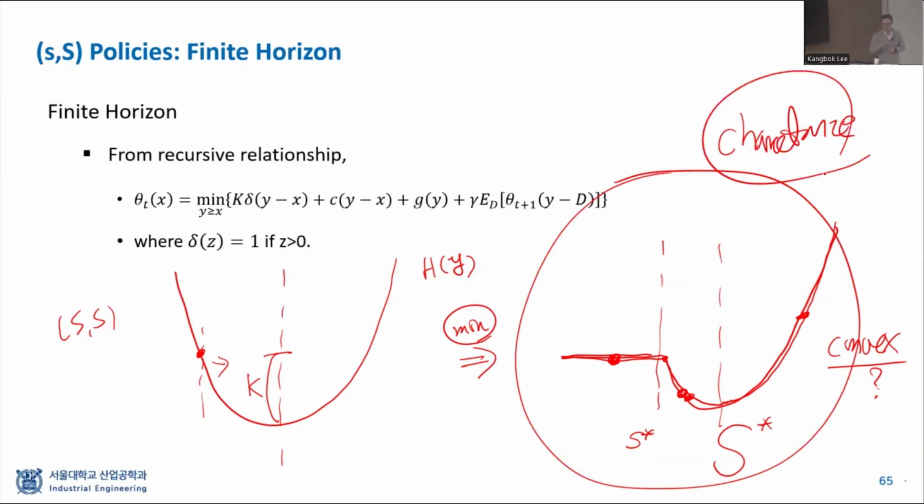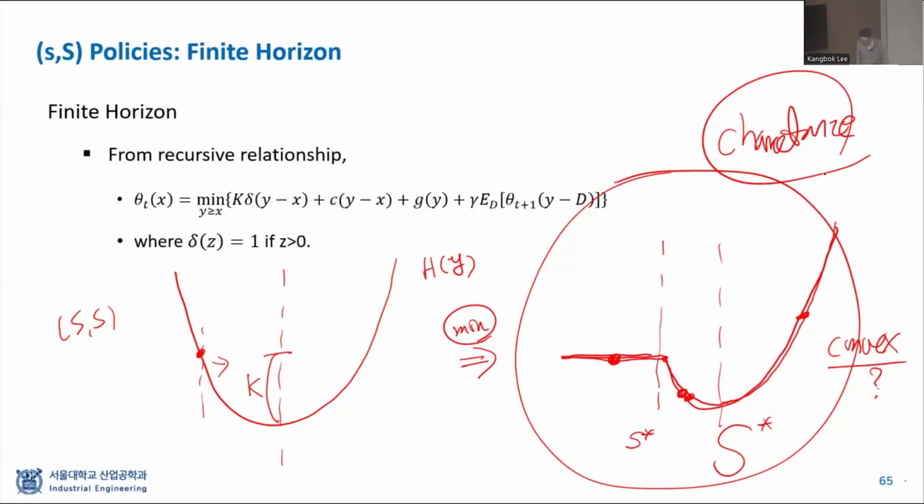What I mean by characterizing is that people want to define a structure that works just for that, and prove that the same structure remains holding for theta t minus 1, theta t minus 2, and so on. So we want to make sure that a certain structure type continues to hold for different time periods, which is not exactly convex, but a variant of convex.